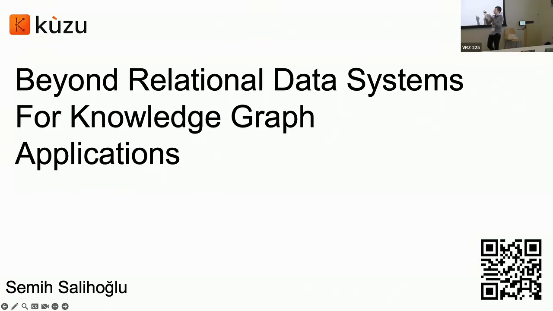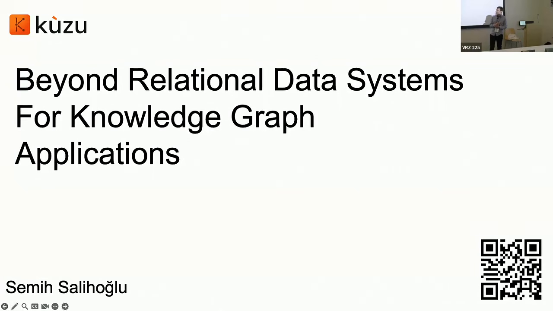The title of my tutorial is Beyond Relational Data Systems for Knowledge Graph Applications. And as I will elaborate in the tutorial, the term knowledge graph is an umbrella term that's used by developers of certain applications to refer to certain data sets. Different communities mean different things with this term.